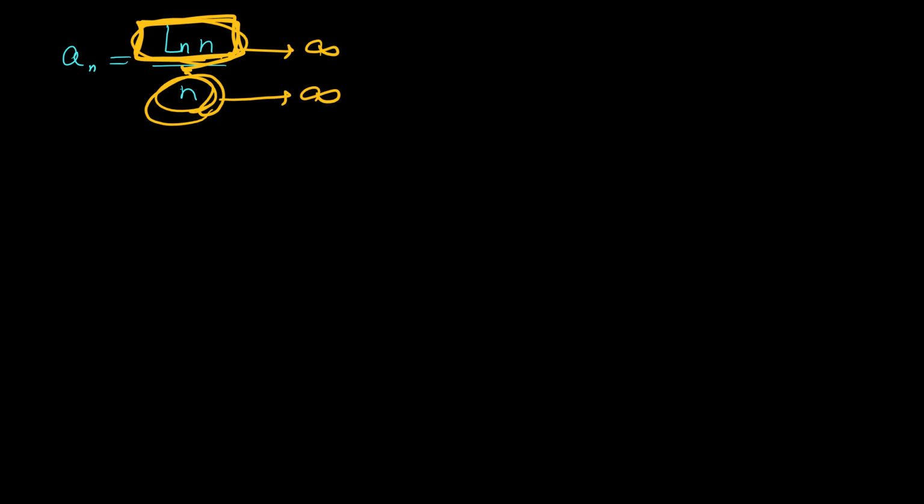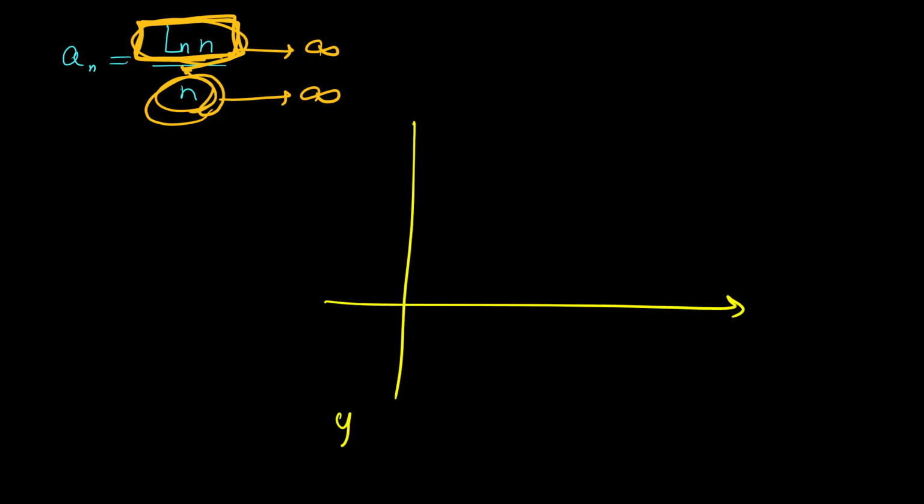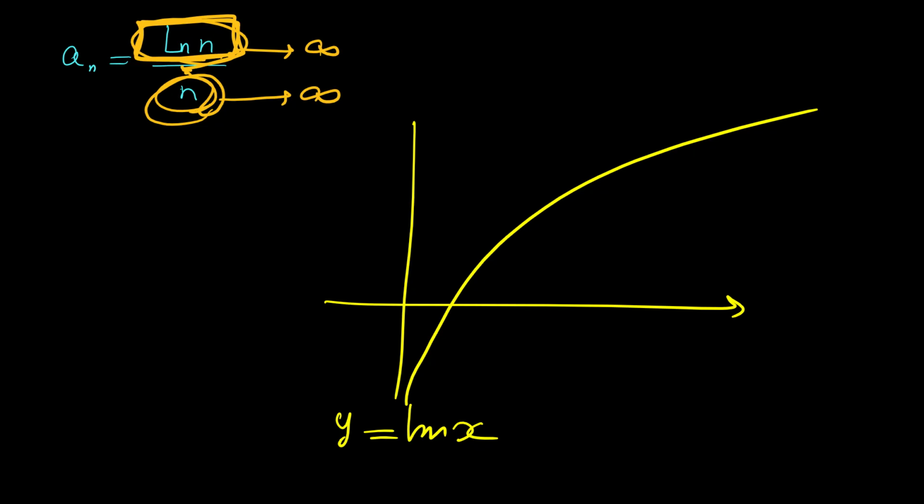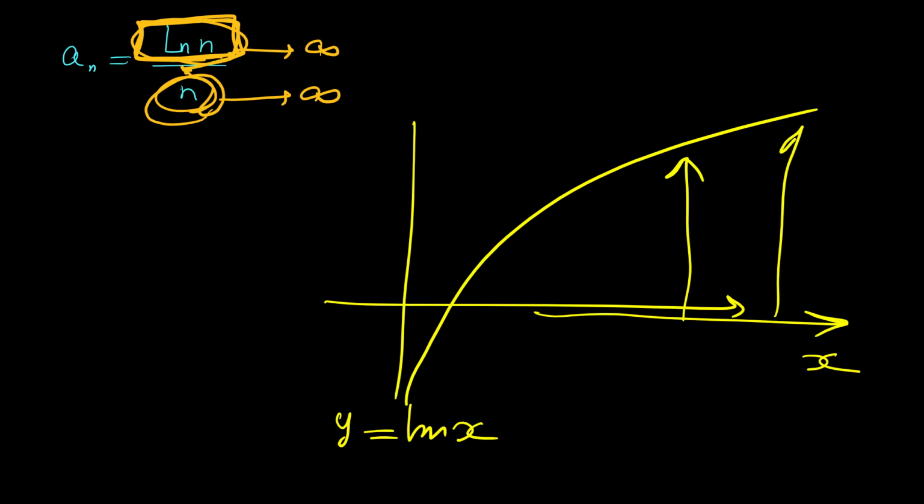So, logarithmic function grow very slowly. If you remember graph of ln of x, look at the graph. When x goes to infinity, the y value also goes to infinity. This becomes larger and larger, but it goes to infinity. This curve goes up very slowly, as you can see.